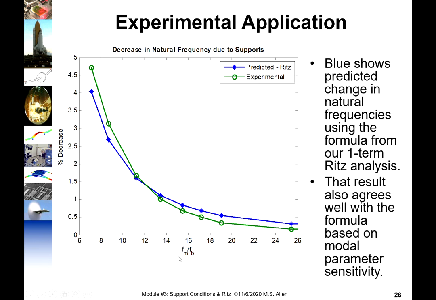So they measured for different ratios of the measured mode frequency over the bounce frequency or the support frequency. They showed that the experiments agreed very well with our Ritz equation that we just derived, and showed that you could predict pretty well what the error in your natural frequency was.